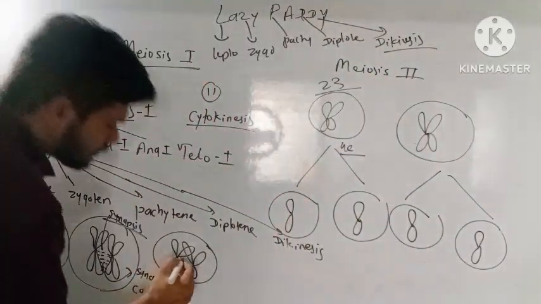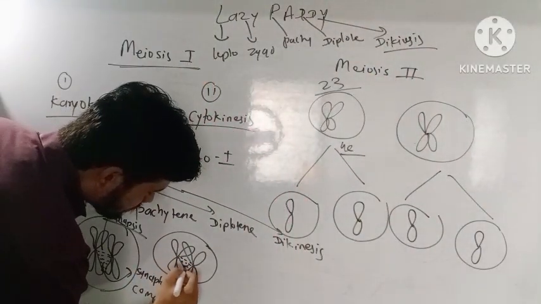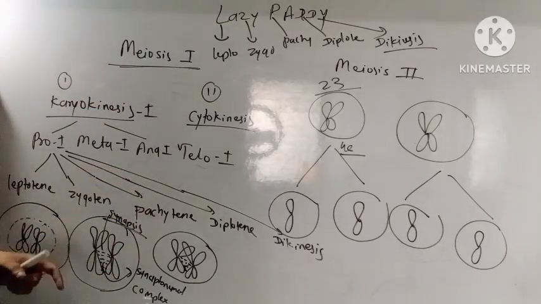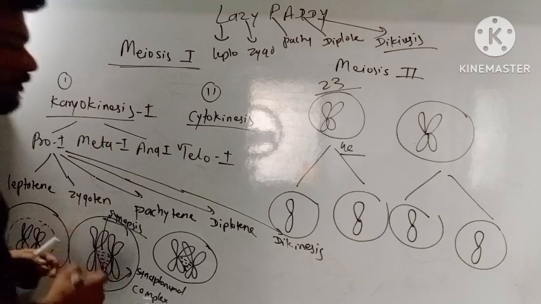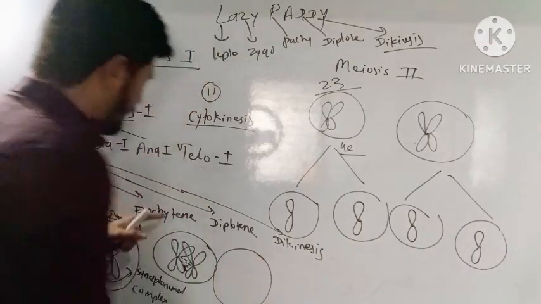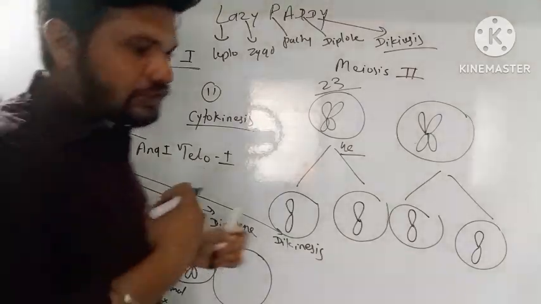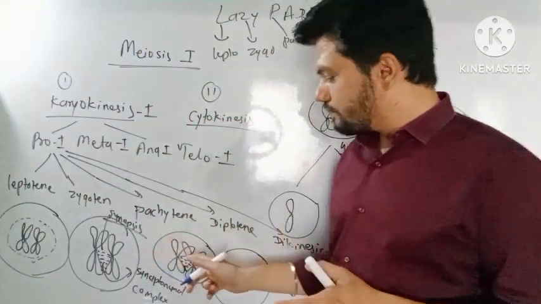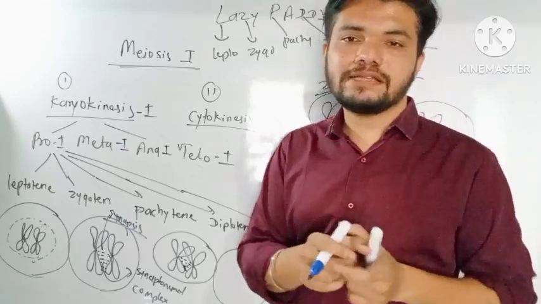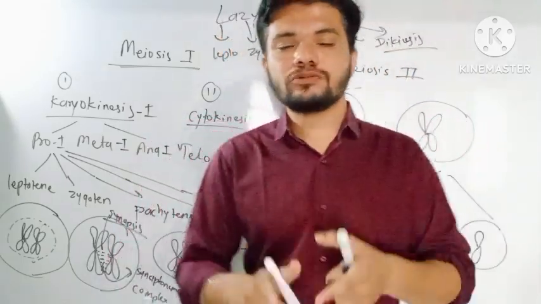Okay. Now, one more thing I forgot to mention: in pachytene, the recombinase enzyme helps in the process of recombination.